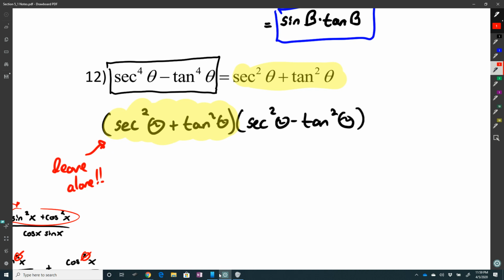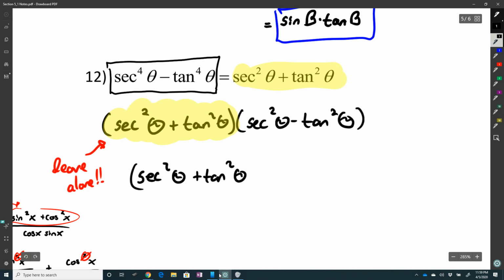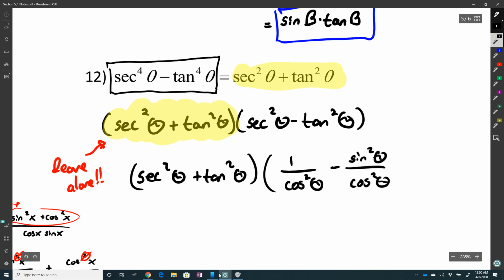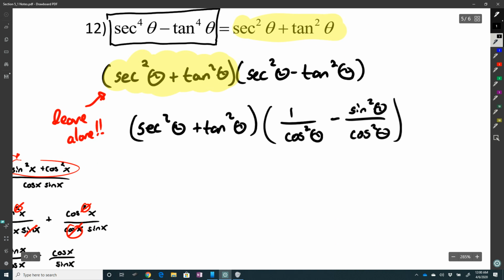My goal now is to work on the other part. Now, every time I write a new step, I'm going to have to rewrite this side. But let me split up the secant and tangent into their sines and cosines. That's squared. I can write that right. Tangent is sine squared over cosine squared. Here they have the same denominator.